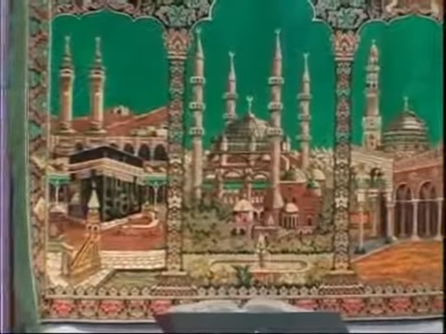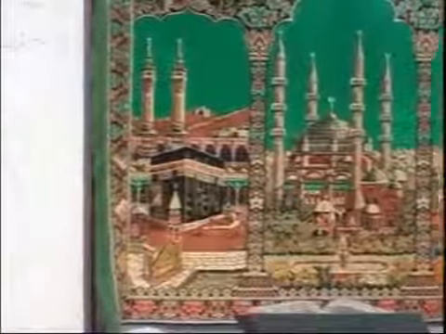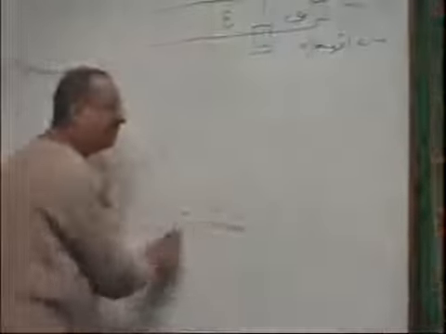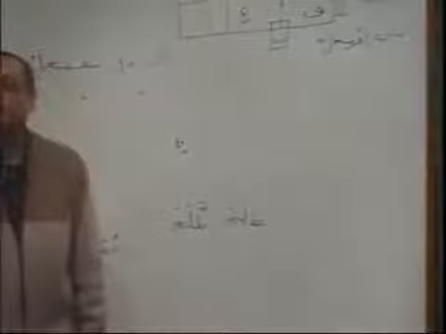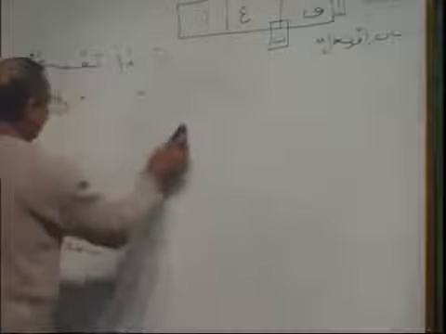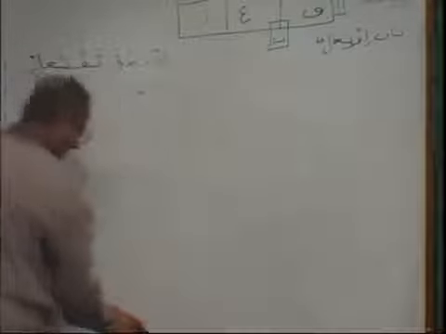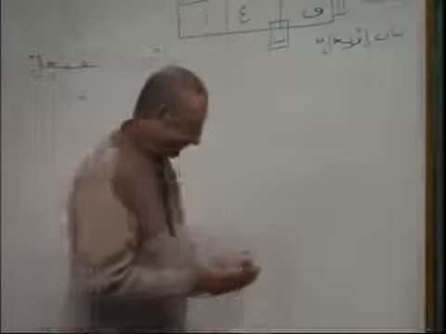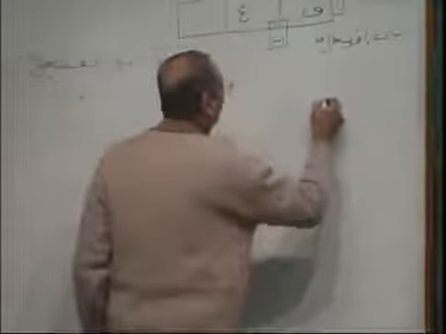When you take a misal word, what did I say? When waw is your fa kalima, and you bring them in form 8. Are you with me, brothers and sisters? Wasala.